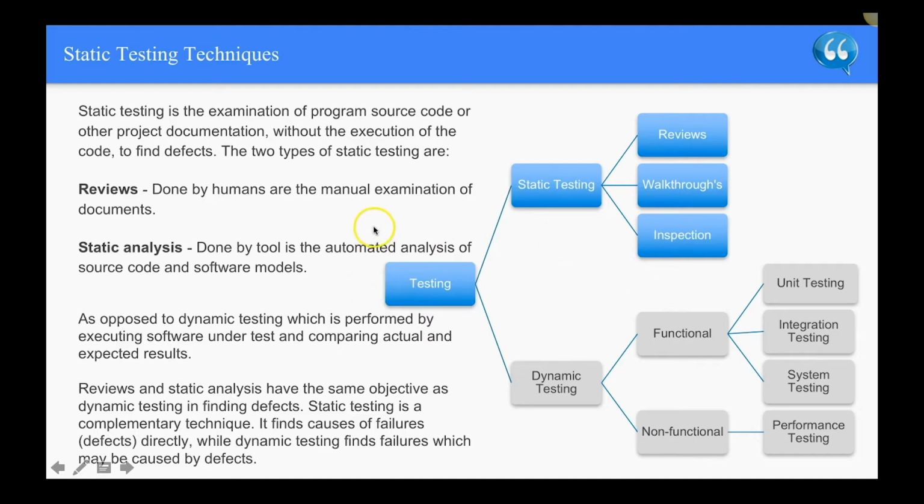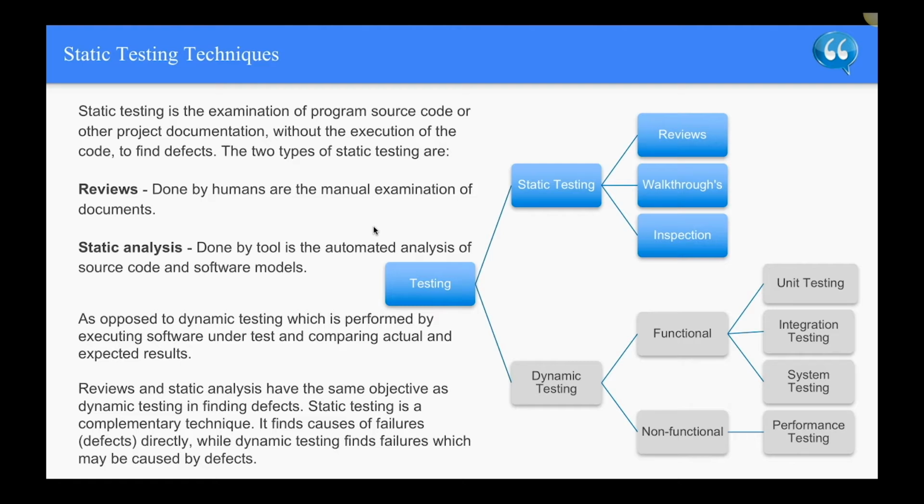Static testing is the examination of a program's source code or other documentation, without the execution of the code, to find defects. The two types of static testing are reviews and static analysis. Reviews are done by humans, the manual examination of documents. Static analysis is done by tools, the automated analysis of source code and software modules.